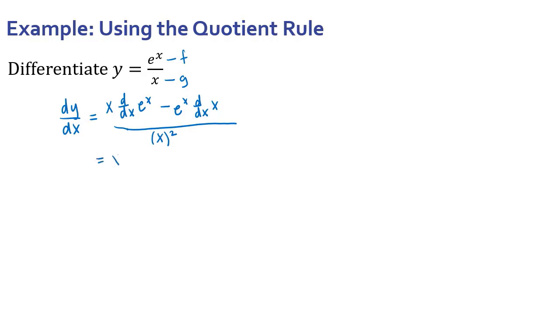So that's going to give me x times e to the x, minus e to the x times the derivative of x, which is 1. So it's just going to be e to the x times 1, which is e to the x, all over x squared.